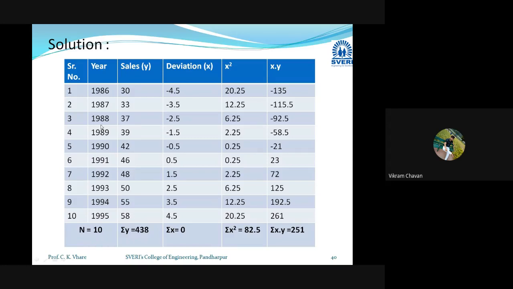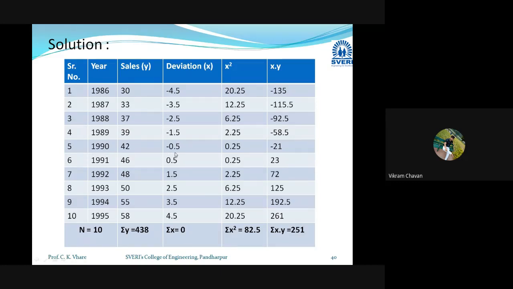Meanwhile, the total number of years is even, so the middle 2 years, 1990 and 1991, are considered as the two middle years, and the midway period between them is considered as the origin for the deviation.